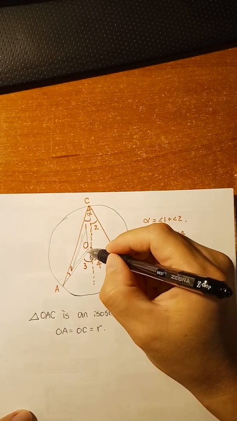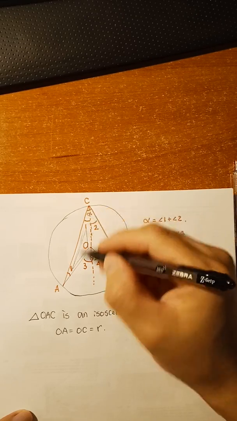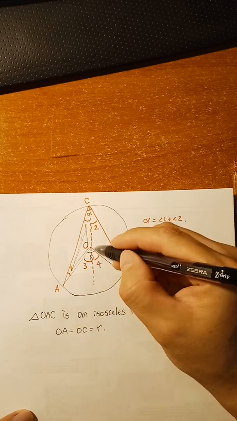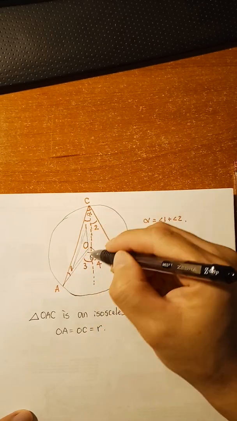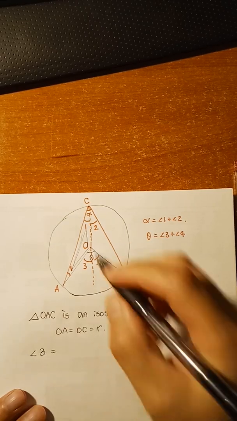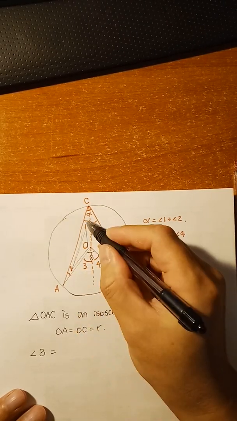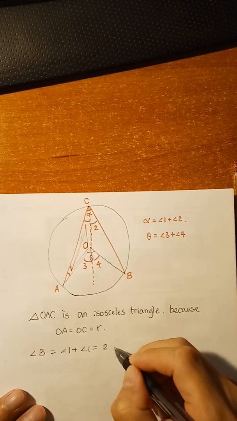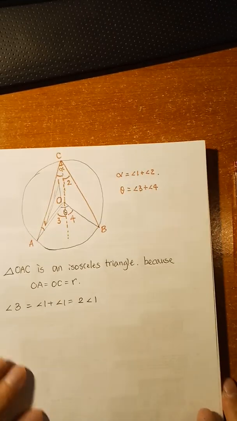This is the external angle for the triangle OAC. So angle 3 is the sum of angle 1 plus angle 1. It's twice angle 1. Here we use a property.